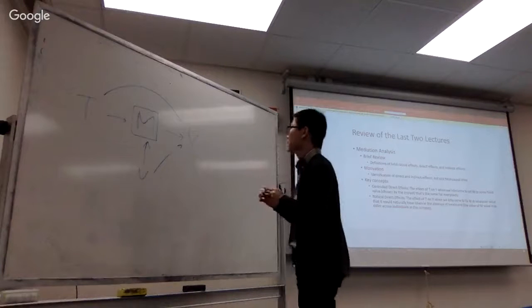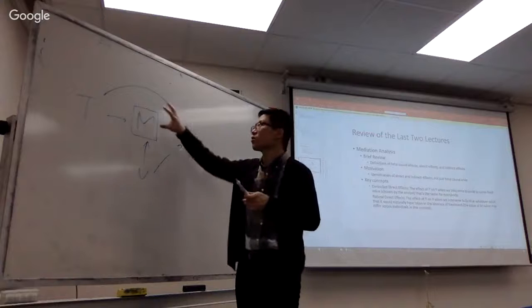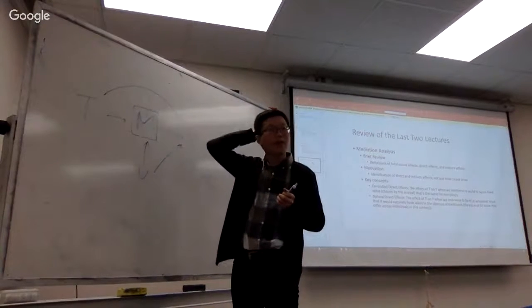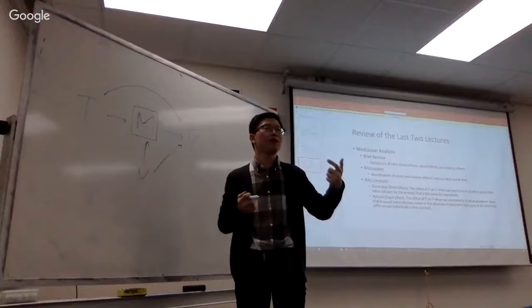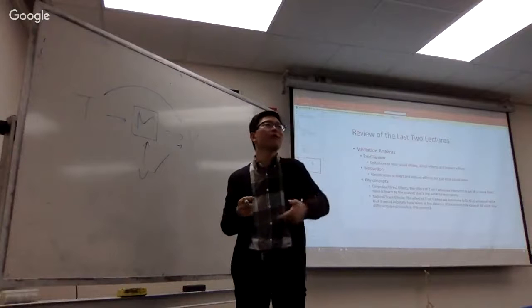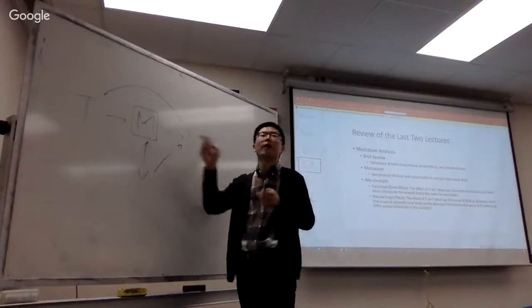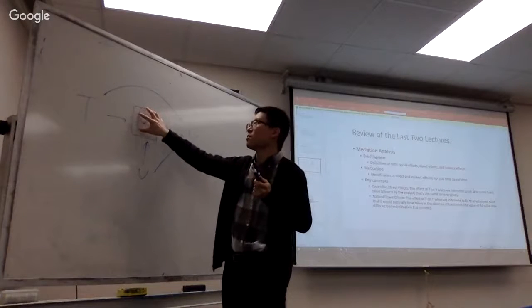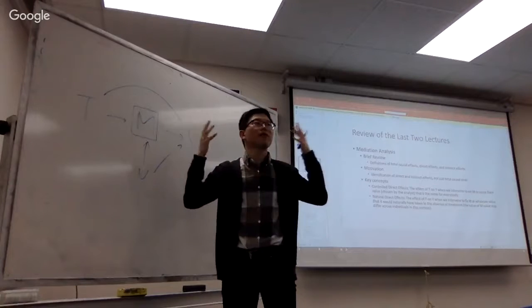So we cannot observe the potential outcome of M, right? Because a person cannot be treated and not treated at the same time. But let's think of a situation where you can observe the potential outcome.